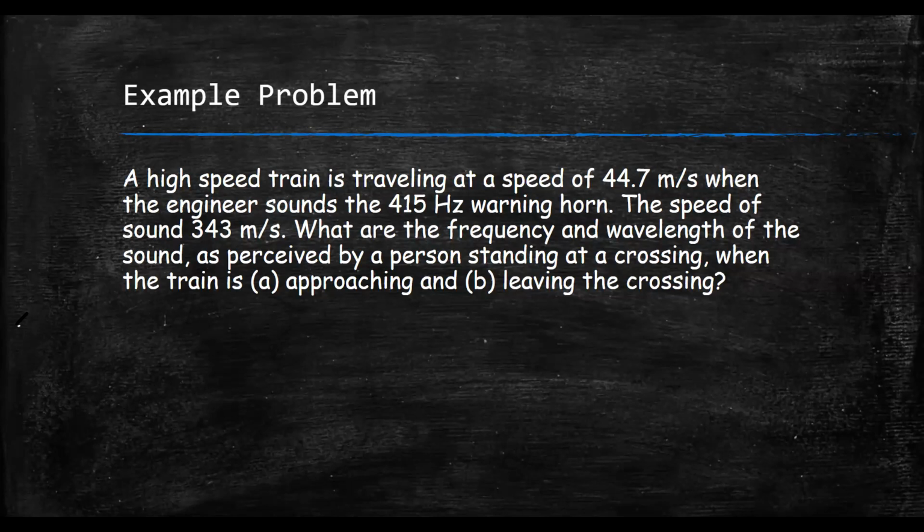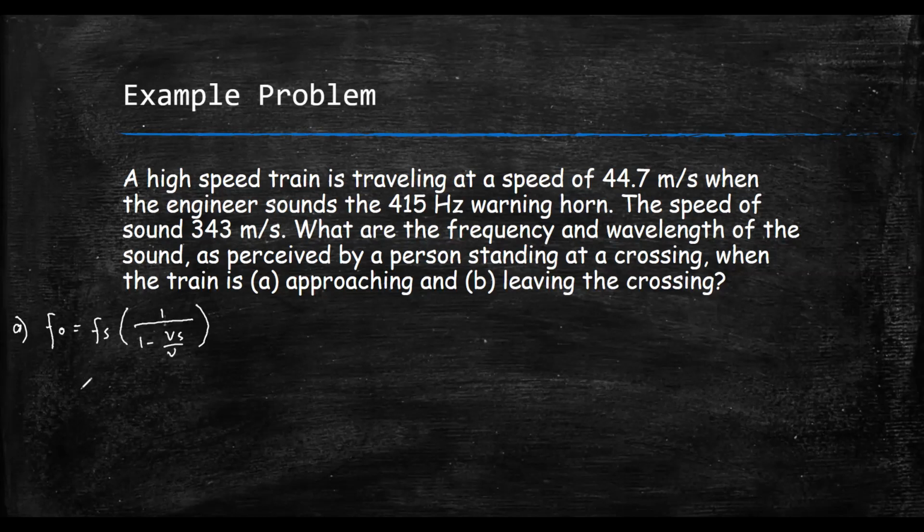So for our first scenario, wherein the train is approaching the observer, we will use the formula Fo is equal to Fs times 1 over 1 minus Vs over V to get the frequency heard by the observer. Then later on, we can solve for the wavelength.